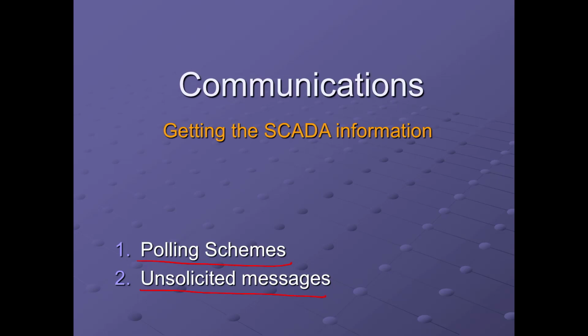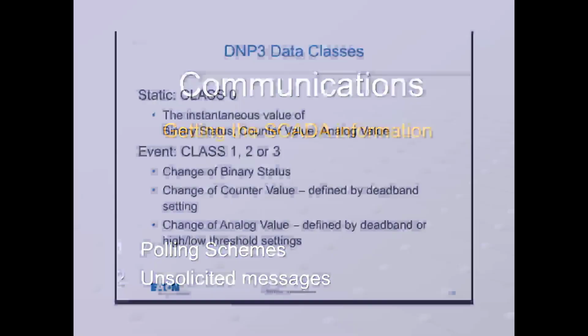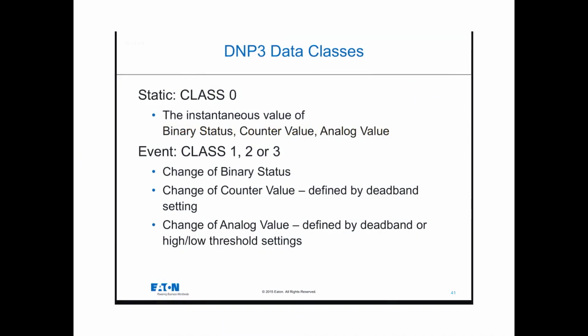Anyhow, when we're talking about polling schemes, one thing to understand at this point is that these polling strategies, if you will, are really based around our class data types or data objects.